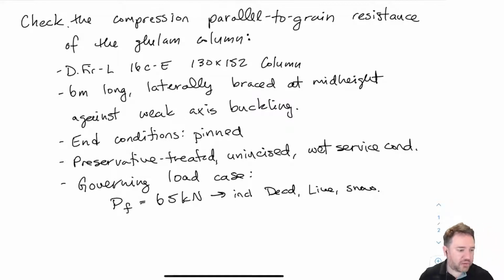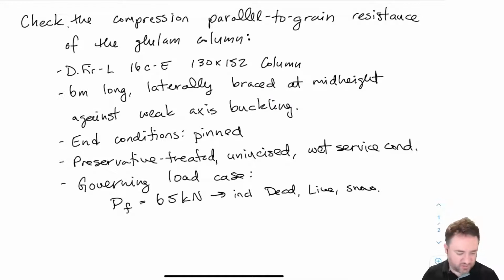We need to know that because we need to know what kind of KD factor we're going to use. And we are tasked to predict what the strength of this is going to be and whether that strength is going to be okay given the factored load that we are provided.